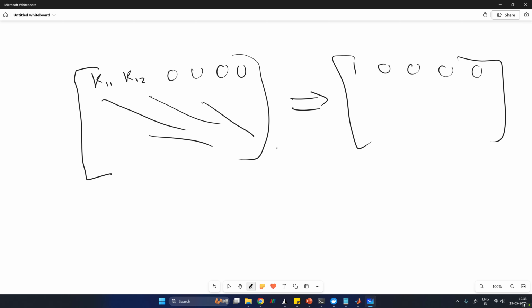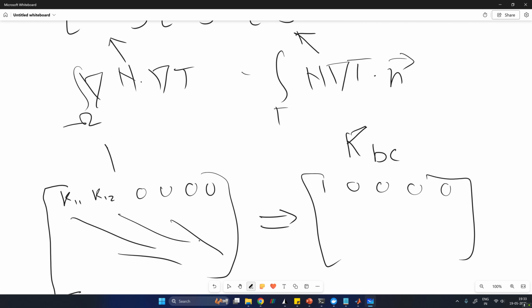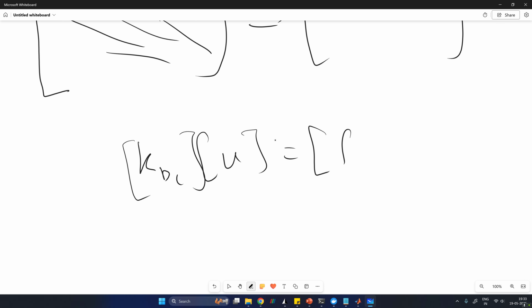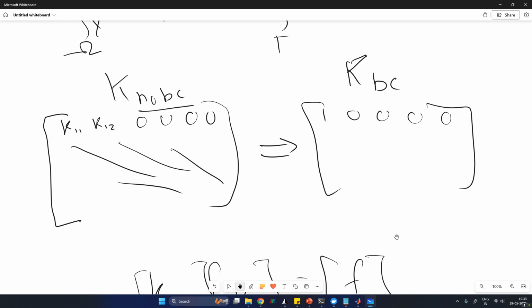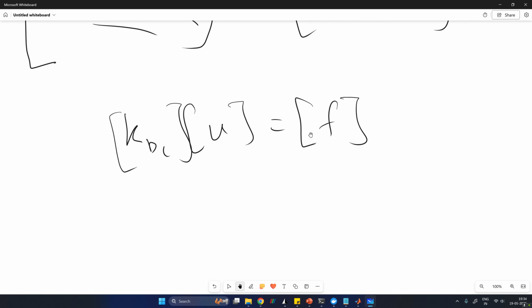Okay, and then we inverted this, so this was our stiffness matrix after application of boundary conditions, and let's call this the one without the boundary conditions, no imposition of boundary conditions, right? And after imposition of boundary conditions, we have our k into your unknowns vector equal to force vector. So in this case, we have no flux boundaries, so we'll just have the Dirichlet condition imposed in the force vector.